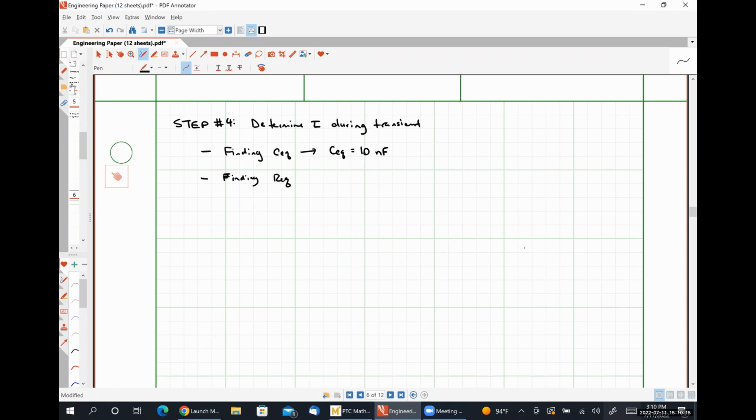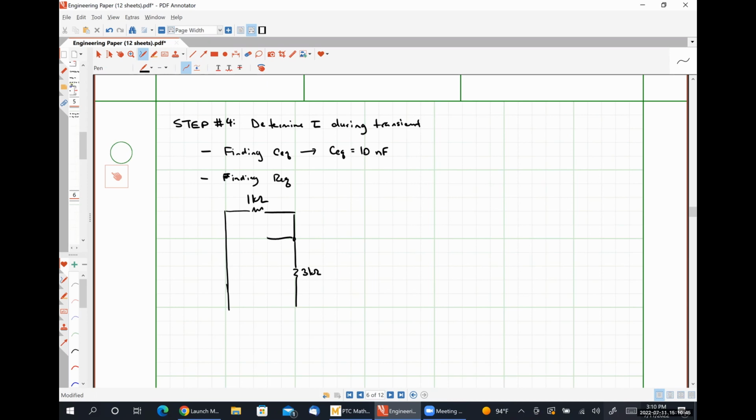All right. So now we're going to find REQ. This is the Thevenin equivalent resistance as seen by the capacitor. Okay, so we need to be looking at a dead network, which means our voltage source is turned off. Here's our 1 kilo ohm resistor. Here's our 3 kilo ohm resistor.